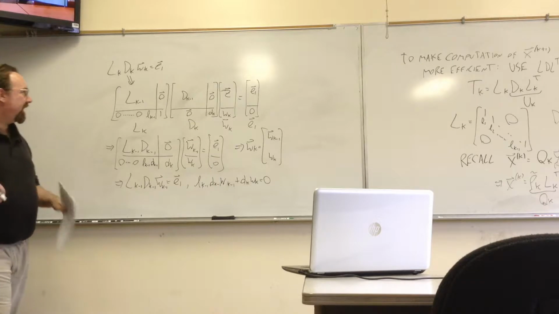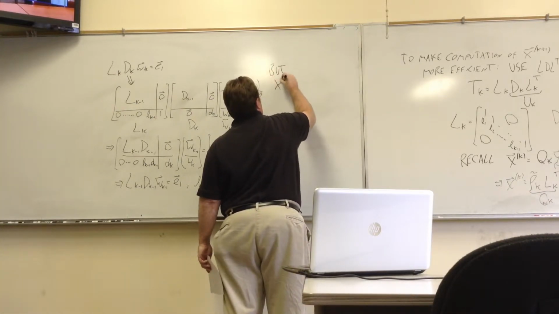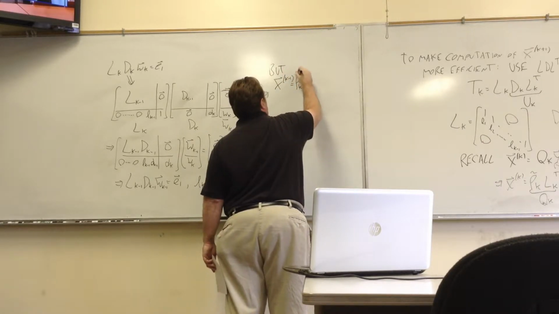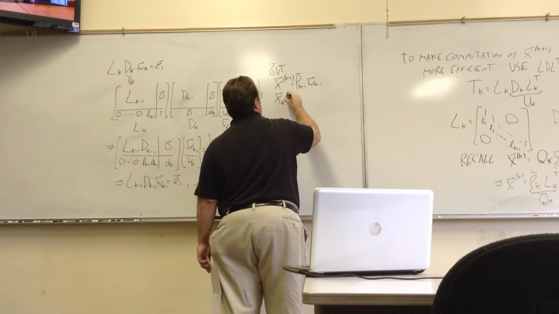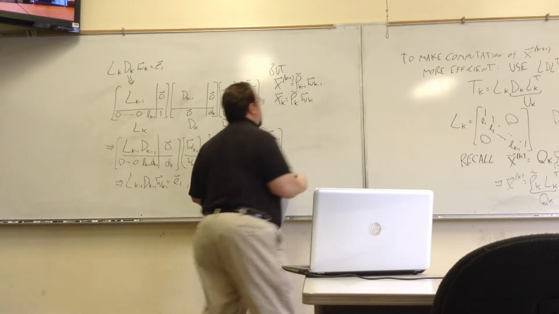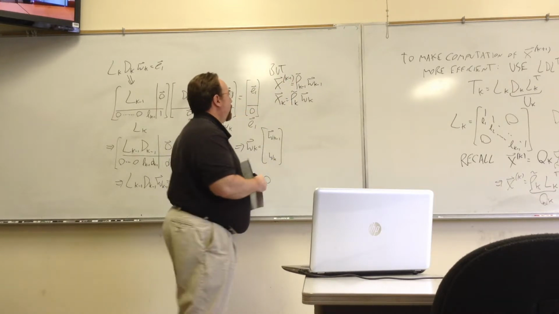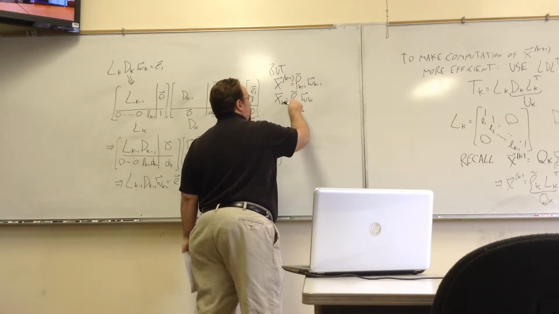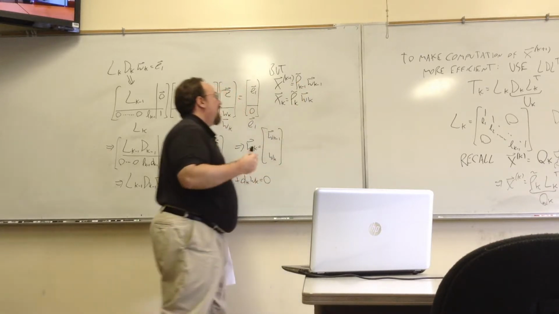Now we use the fact that xk minus 1 is equal to p tilde k minus 1 times wk minus 1. And xk is equal to pk tilde wk. But pk tilde, we're growing columns again. The first k minus 1 columns of this matrix right here, we're just adding on a new column.